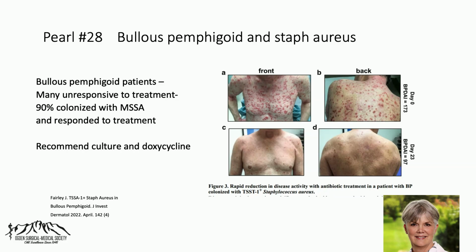It turns out that 90% of them are colonized by MSSA, and that they improve when you give them a short course of doxycycline. We wonder if that's why doxycycline has worked in treating some patients with bullous pemphigoid as a non-steroid adjunctive drug. They don't need to be on it for long, maybe 3 weeks, but it can make a big difference.